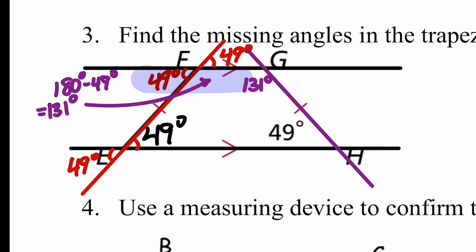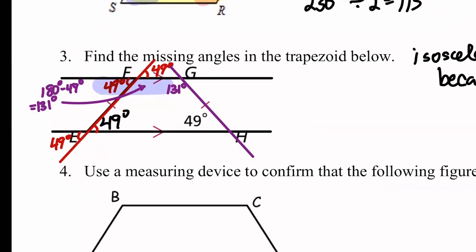So what's going to happen again is you're going to have two angles that are the same and two other angles that are the same, and all four of them are going to add to 180. So a shorter way of doing it would be to say, all right, well, they're going to add to 360. You take your 360, subtract from it the 49 twice.